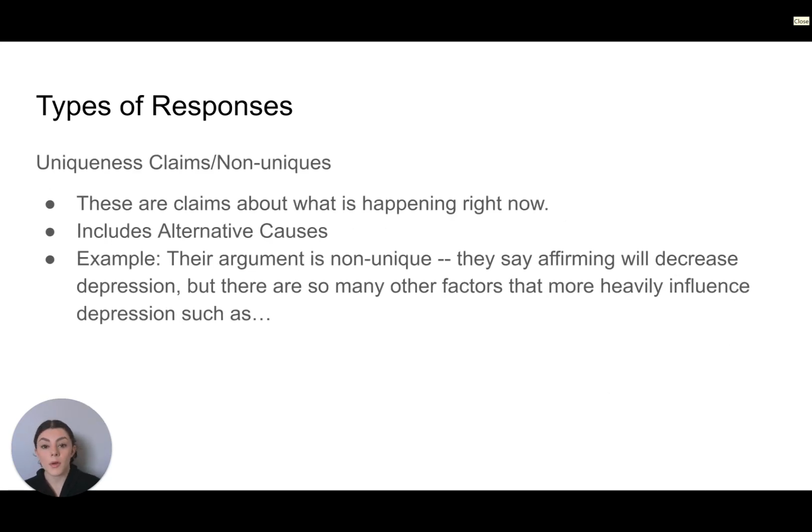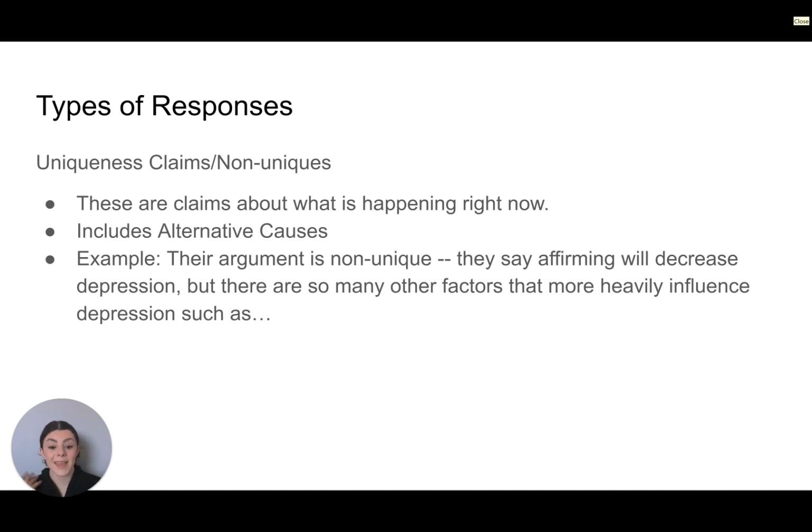Okay, there are also specific types within these three categories. There's a specific type of rebuttal called a non-unique. These are claims about what's happening right now. Here's an example. You would say, their argument is non-unique. They say affirming will decrease depression, but there are so many other factors that more heavily influence depression, such as blank, blank, and blank.